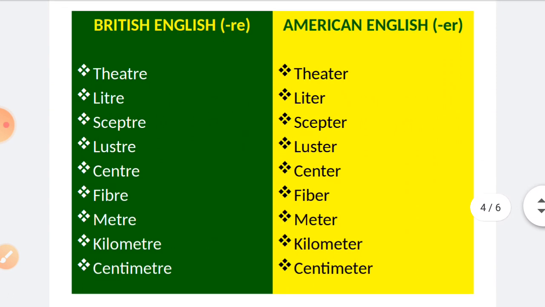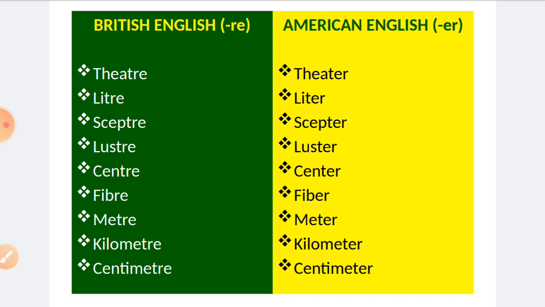Now here we see that words like theatre, THEATRE, that is written in British English, whereas the same word is written as THEATER in American English. So the difference is that RE becomes ER in American English.